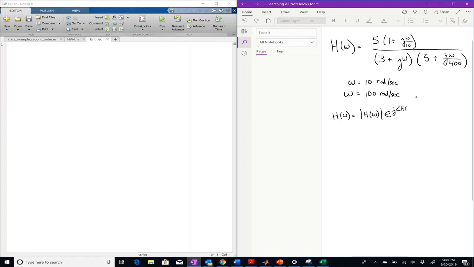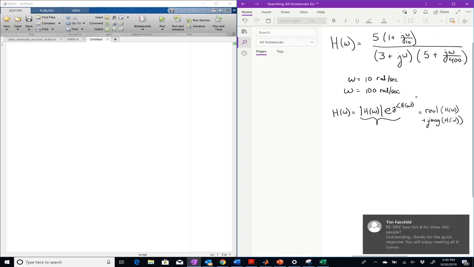So at any given frequency, this guy's a complex number, and so he has a magnitude and an angle, or if I wanted to think of it, he also has a real part of H of omega plus j times the imaginary part of H of omega. Those are two equivalent ways of expressing it. We use this approach here with the magnitude and angle because that is how we use it with phasors.